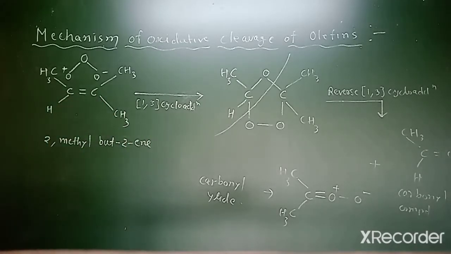This alkene, 2-methylbut-2-ene, undergoes a 1,3-cycloaddition type of reaction to form primary ozonide, which on reverse 1,3-cycloaddition forms the carbonyl compound CH3 CH double bond O, that is acetaldehyde, and another carbonyl oxide, CH3 C CH3 double bond O. In such a way, this carbonyl oxide and carbonyl compound, that is acetaldehyde, will undergo path A. Through path A it will give peroxide, and through path B it will again undergo 1,3-cycloaddition to form secondary ozonide.